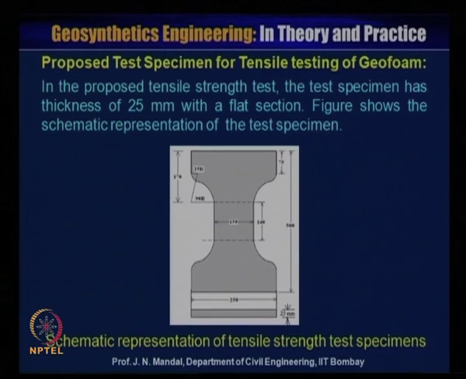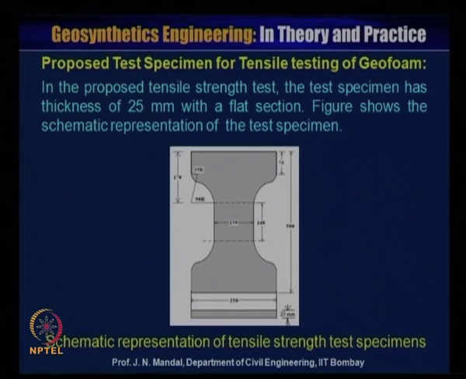Now, as you have observed, testing the tensile strength of expanded polystyrene geofoam by the ASTM method is quite complex, because it is sometimes very difficult to produce the dumbbell-shaped specimen, and you also require a typical clamping or jaw arrangement to hold the specimen in the machine.